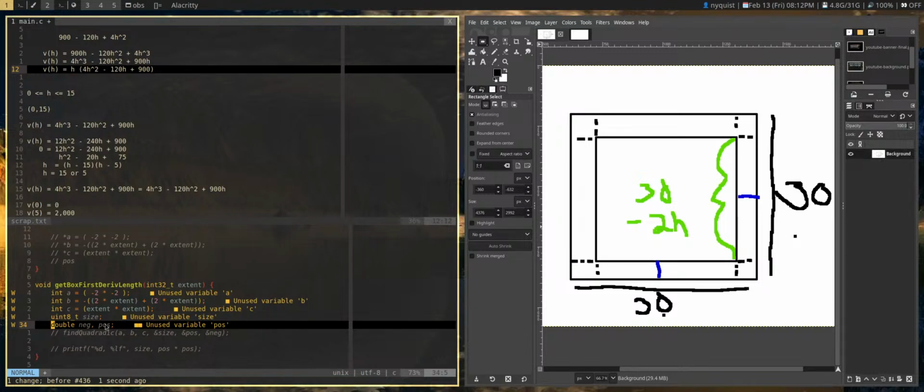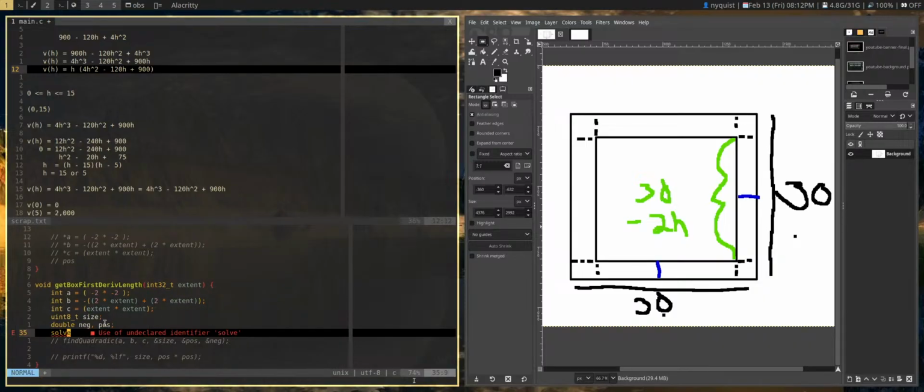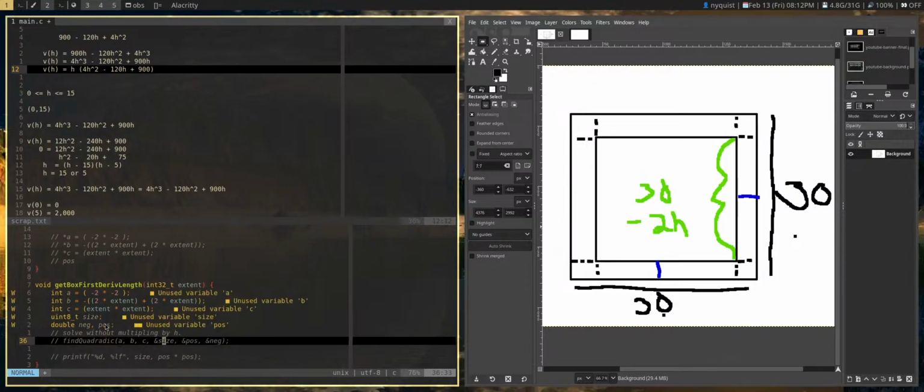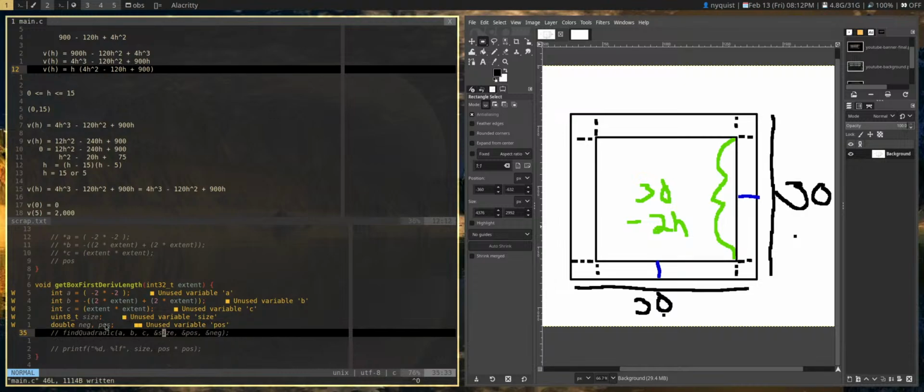I guess what we could do is let's solve without h. Oh. I think I can do that. No. I have to put it back into that form.